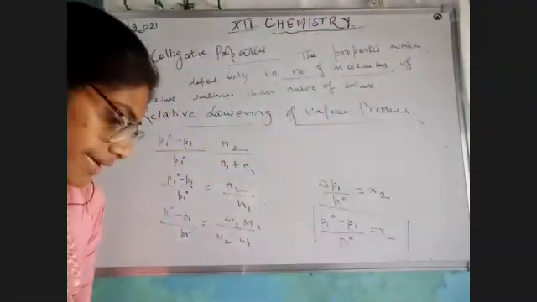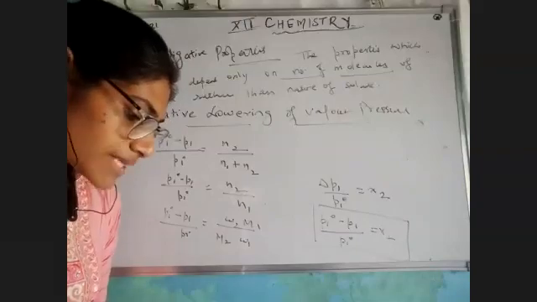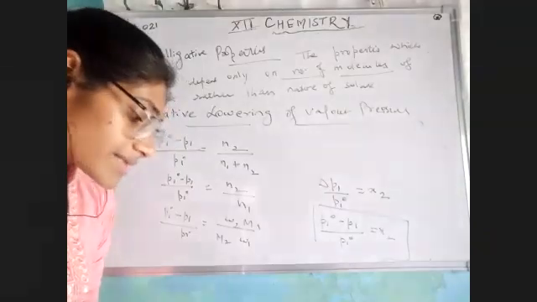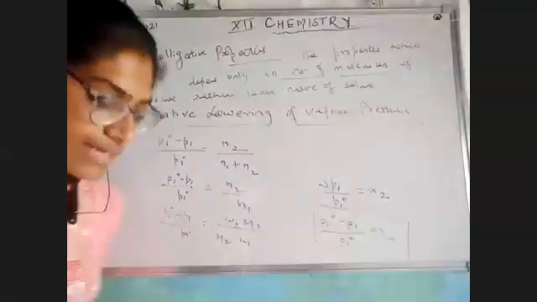The question is, we are given the vapor pressure of pure benzene at a certain temperature, which is 0.850 bar. That means for pure benzene, P1 naught is given rather than P1. Okay, let's check.